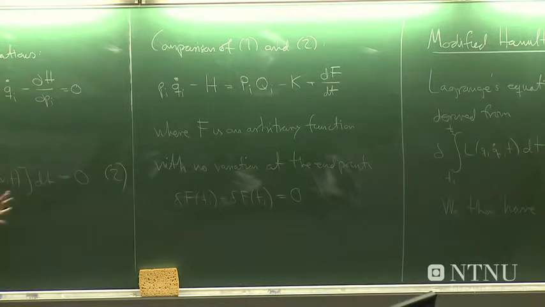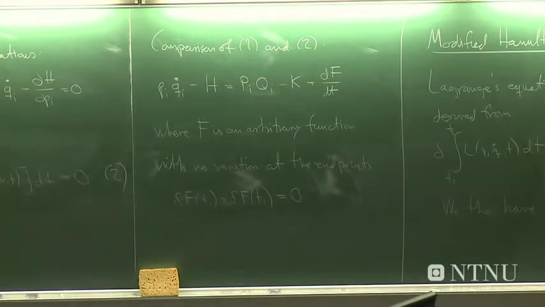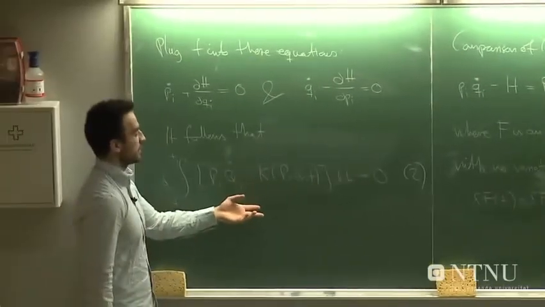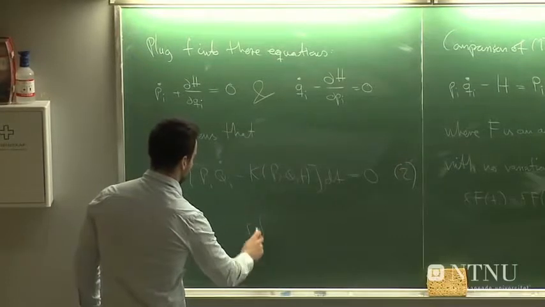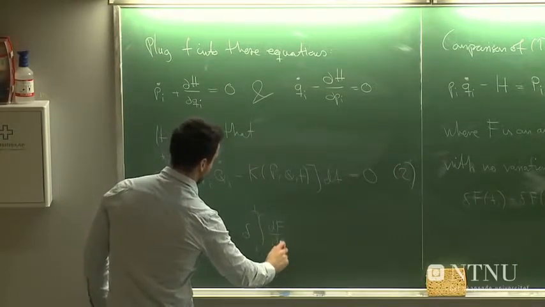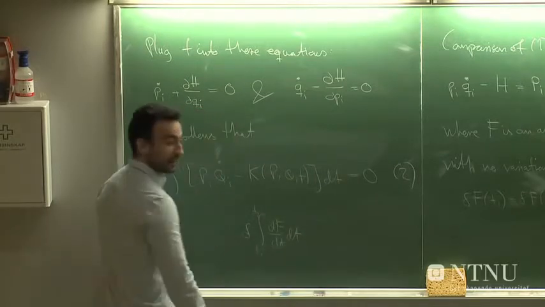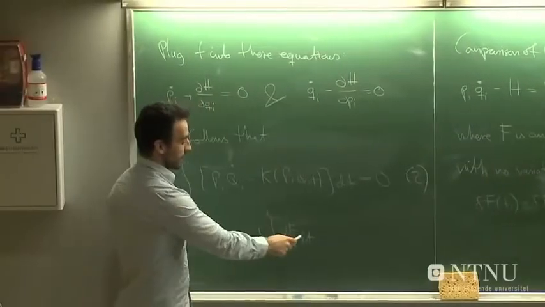And the reason for why I've added this extra term here is that we see from these variational principles that you can always add this, as long as f has no variation at the endpoints, because we have df here.